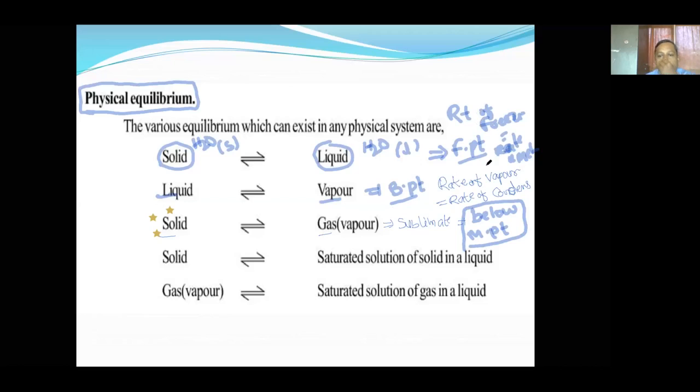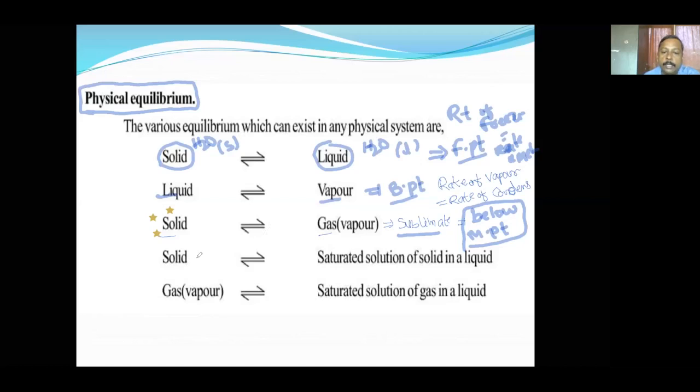Freezing means liquid to solid, solid to liquid is melting, liquid to vapor is vaporization, vapor to liquid is condensation. Solid to gas is applicable only when sublimate is there, and it takes place below melting point. Rate of sublimation is equal to rate of condensation.